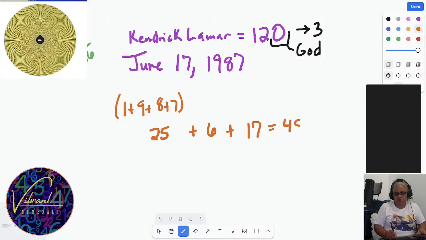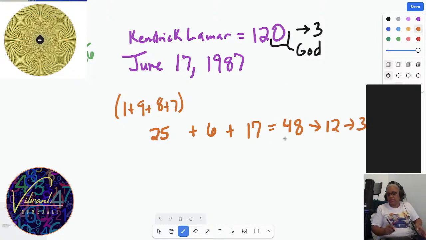So Kendrick Lamar's life path number is 48. And this 48 is also a 12 to a 3. So his name and his life path number are both resonating with changing perspectives and building growth within himself and in others. That's interesting. Let me get my handy dandy book here that I have to take my glasses off for.